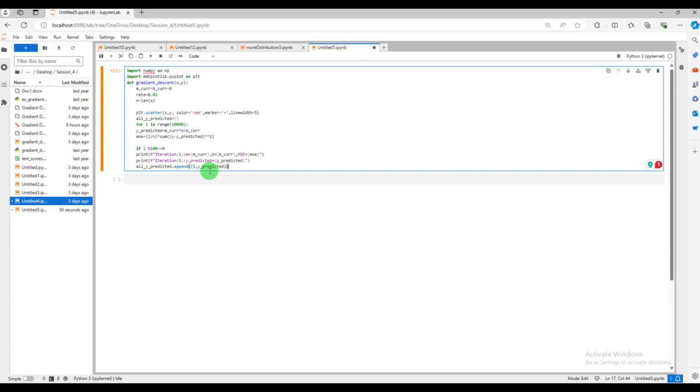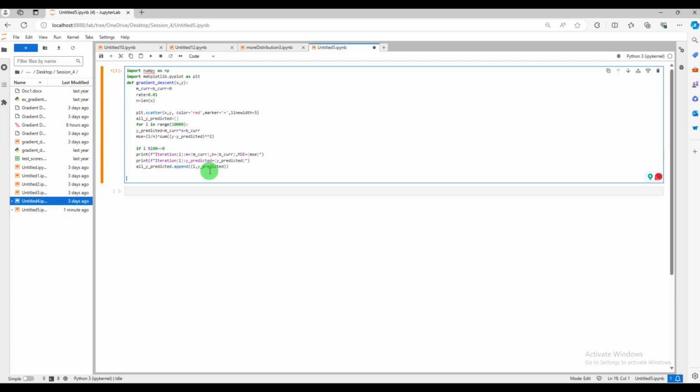After that, it's necessary to calculate the partial derivative of the MSE with respect to the slope m. So after this section, we need to write.